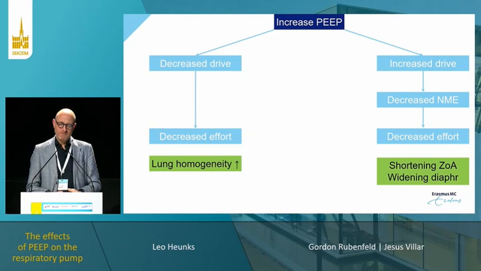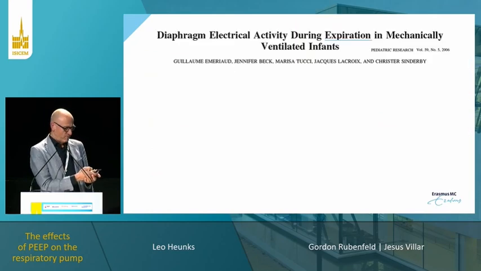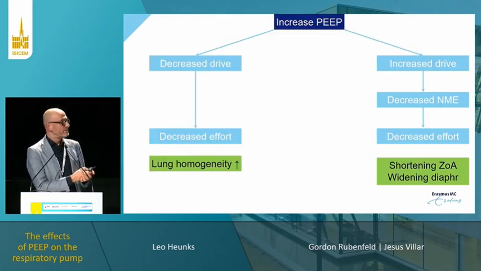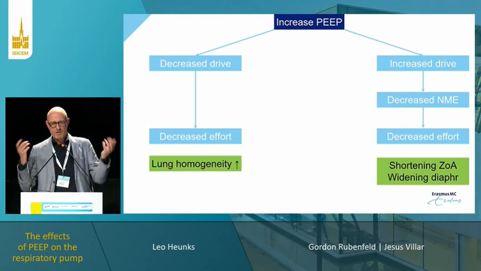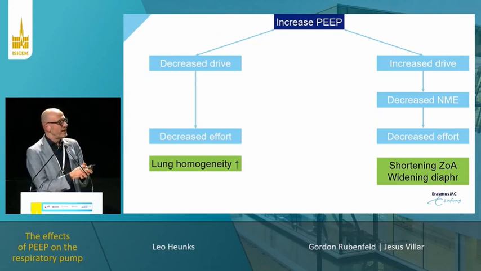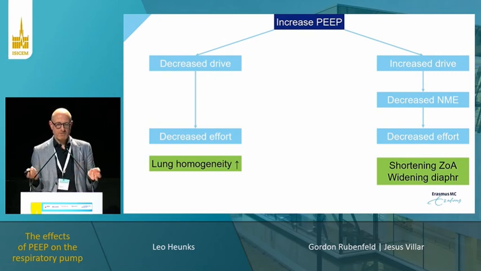So what may happen? We increase PEEP. In some patients, respiratory drive will decrease, respiratory effort will decrease. So most likely in these patients, lung homogeneity has increased. While in other patients, the increase in PEEP results in increased respiratory drive.